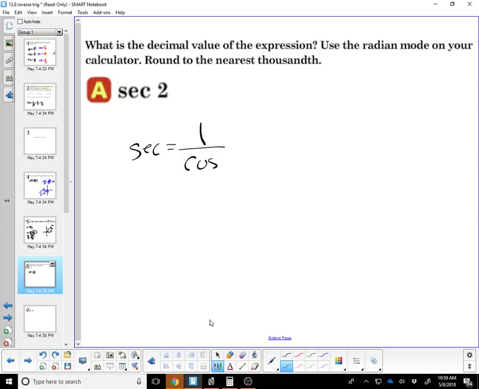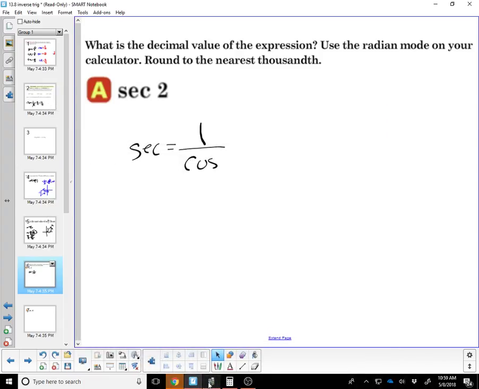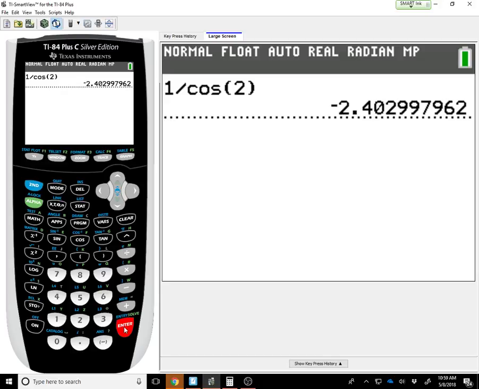So what I'm going to do in my calculator is take 1, for starters. Which mode should I be in? Should I be in degrees or in radians? Yeah, because it doesn't say degrees, does it? Good job, y'all. So I am in radians, you guys see up there? So I'm just going to go 1 divided by the cosine of 2 and push the enter button. And there we are, negative 2.40.